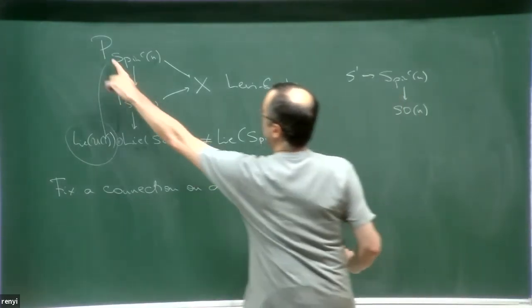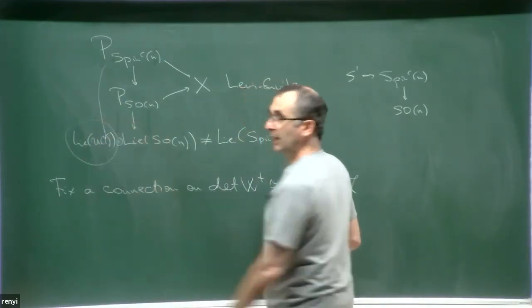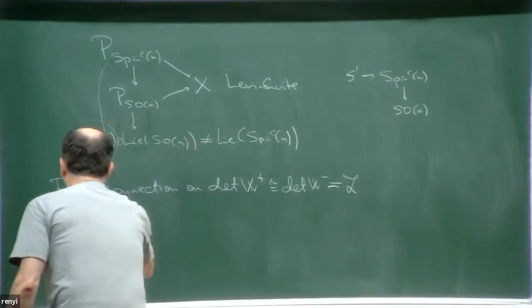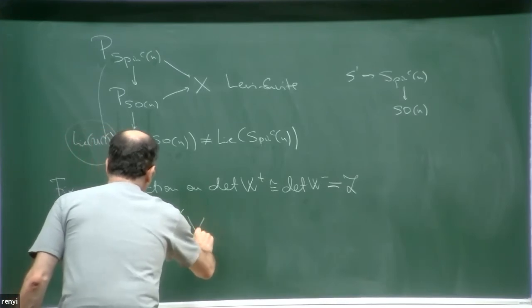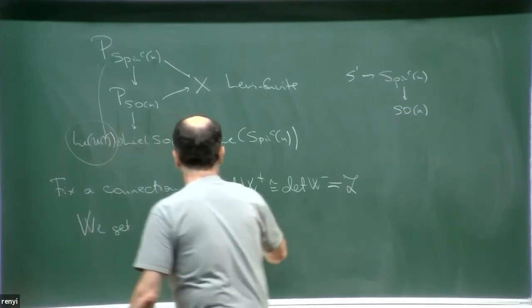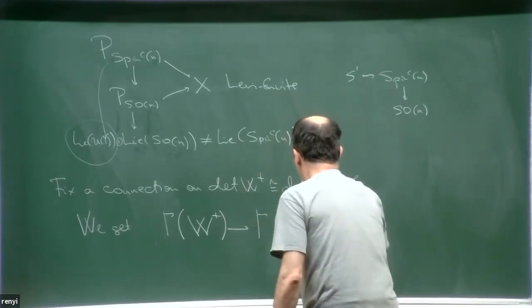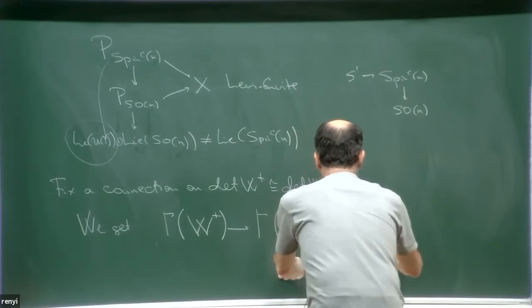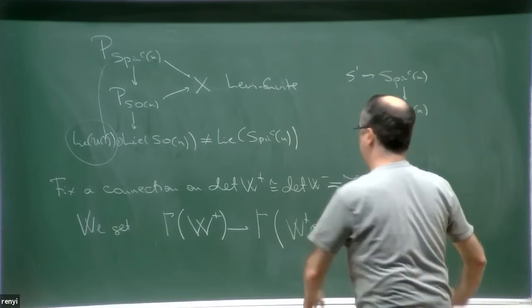This will provide exactly the missing component, put it together with the Levi-Civita, and we get what we had before. So we get a map from the sections of W plus to here. And once again, Clifford multiplication brings us back there.